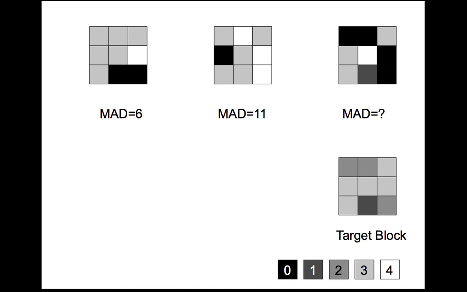How about we just decide whether it should be better or worse? Do you think it would have a higher score than 11? Do you think it's more like the target block than the other two? Or not? That's even a hard one to answer, isn't it?